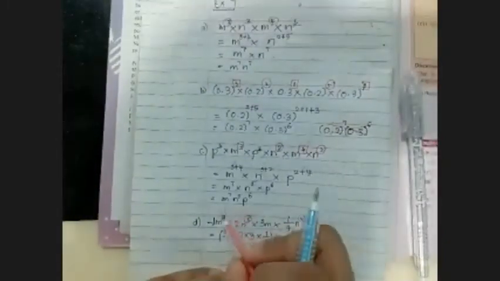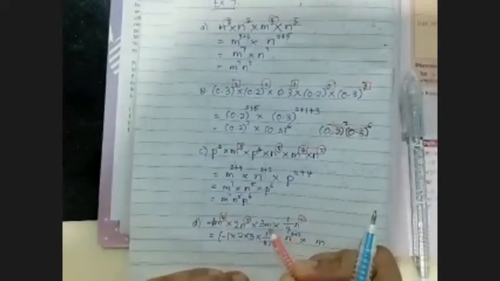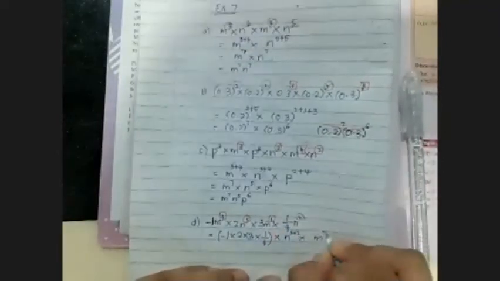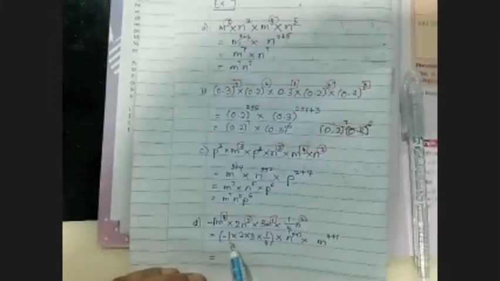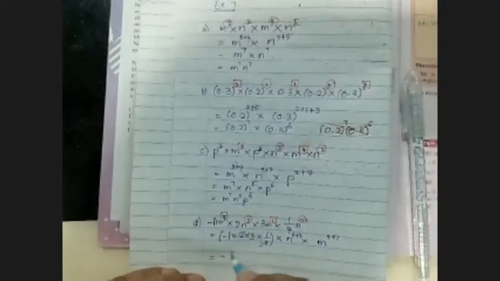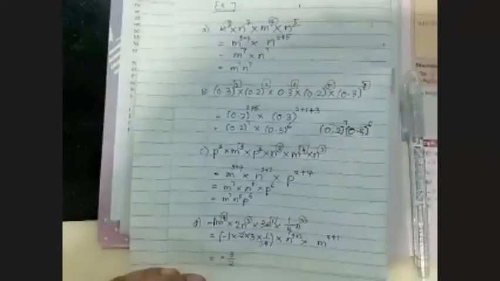This is 4 and this is M only, means power of 1. Yes. So this is 4 plus 1. Negative 1 multiply 2 multiply 3 multiply 1 over 4. You can use your calculator. And this is negative 3 over 2.